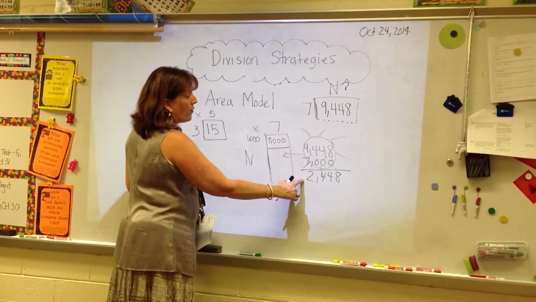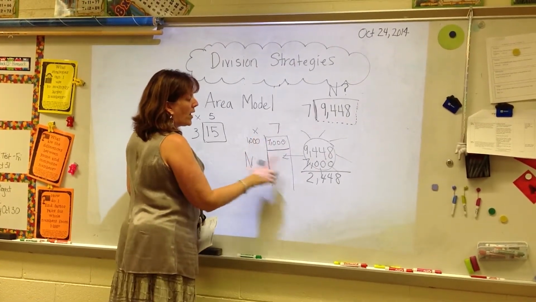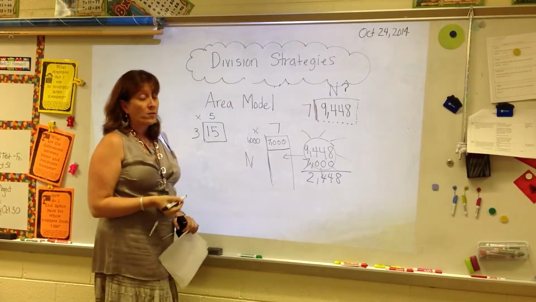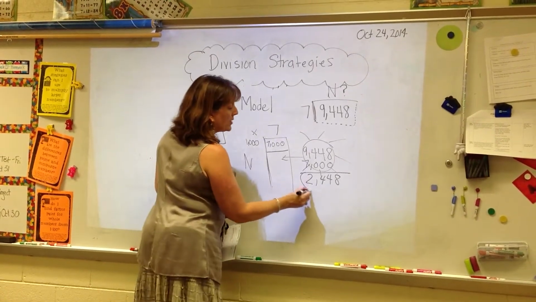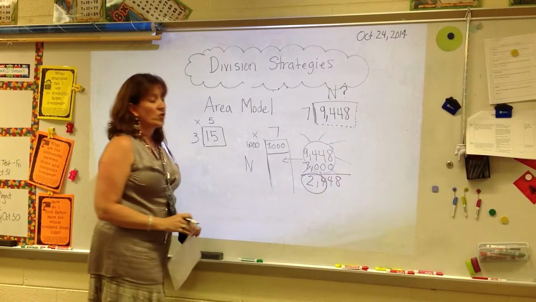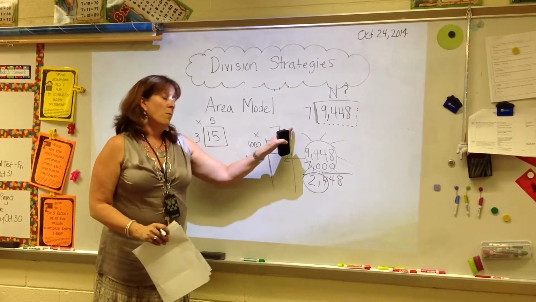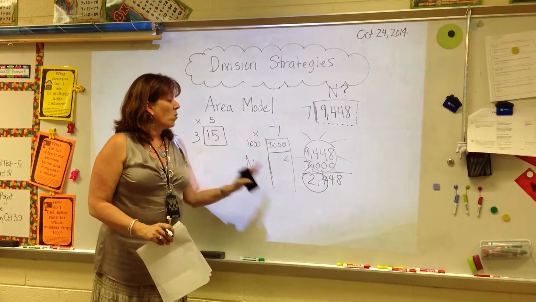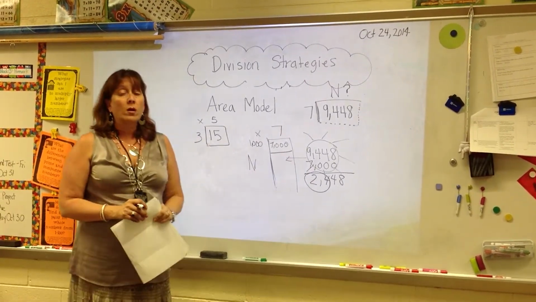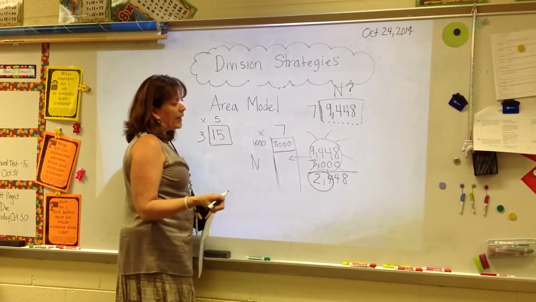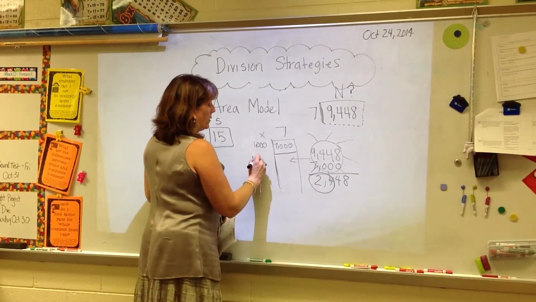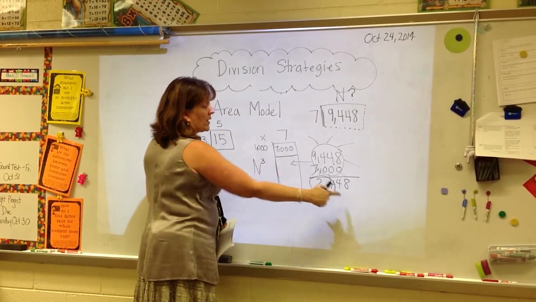Now, I want to figure out 7 times what gets me close to 2,000. Well, I've been teaching the boys and girls to look at the first 2 numbers and think of it as a basic division or multiplication fact. 7 times what is going to get me close to 24? Well, 7 times 3 is 21. I'm not going to do 7 times 3. That's not going to be enough.